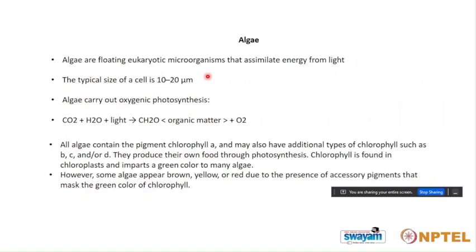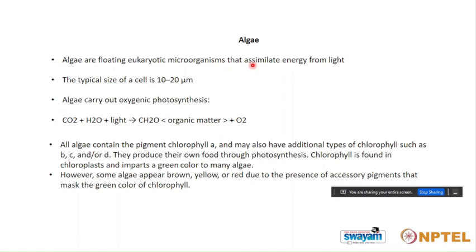So the next class of microorganisms is algae. Usually these algae are floating eukaryotic microorganisms, and they are autotrophs, obtaining their energy from light. The size of algae also lies in the range of 10 to 20 micrometers, similar to fungi.